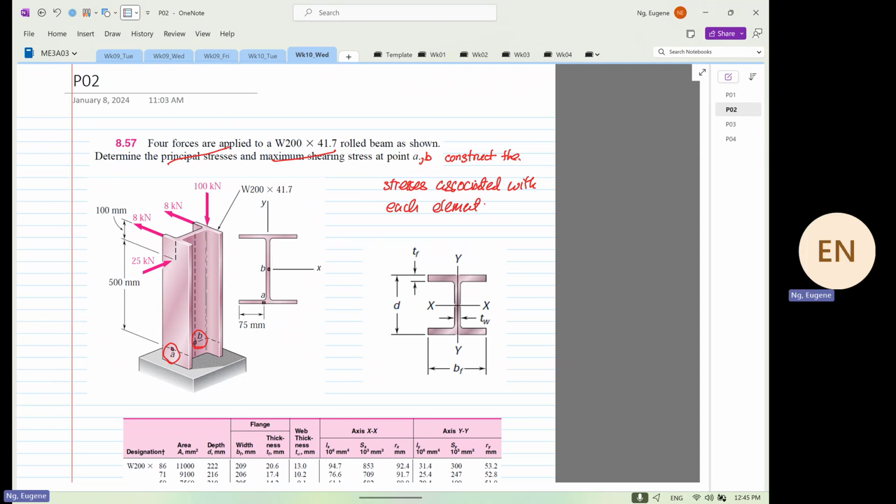Any idea why we have to use strain gauges rather than calculate? What's the purpose? Why do we use strain gauges and not calculate for this case? Is it because Eugene is a nutcase? No. Because, for example, if all of a sudden you have an earthquake, you're going to measure how the earthquake affects your what? Stresses. Can you tell me how much forces are induced by the earthquake?